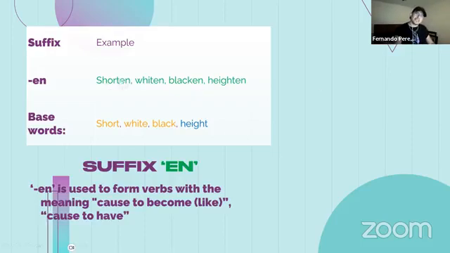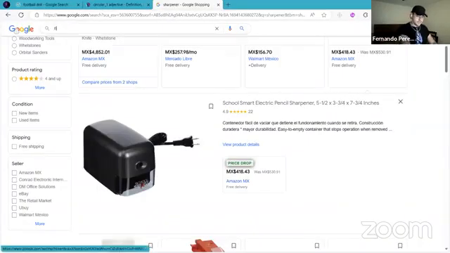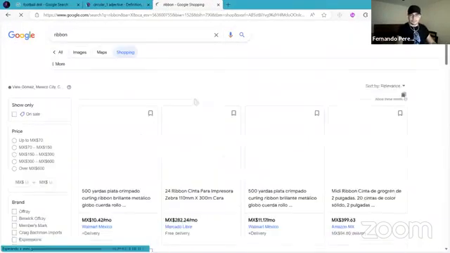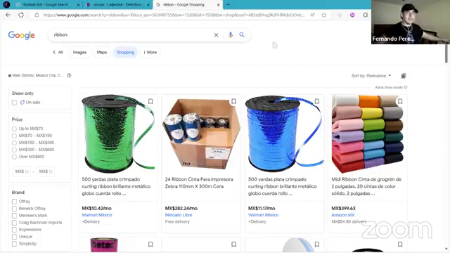Think about the word shorten. If you analyze this in the past, let's imagine a ribbon. Let's imagine that you need a meter of this ribbon, but you have 2 meters.